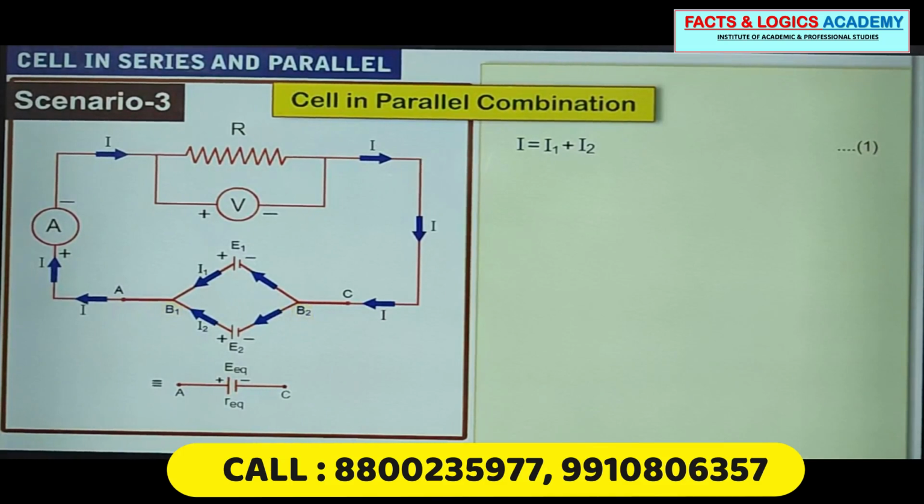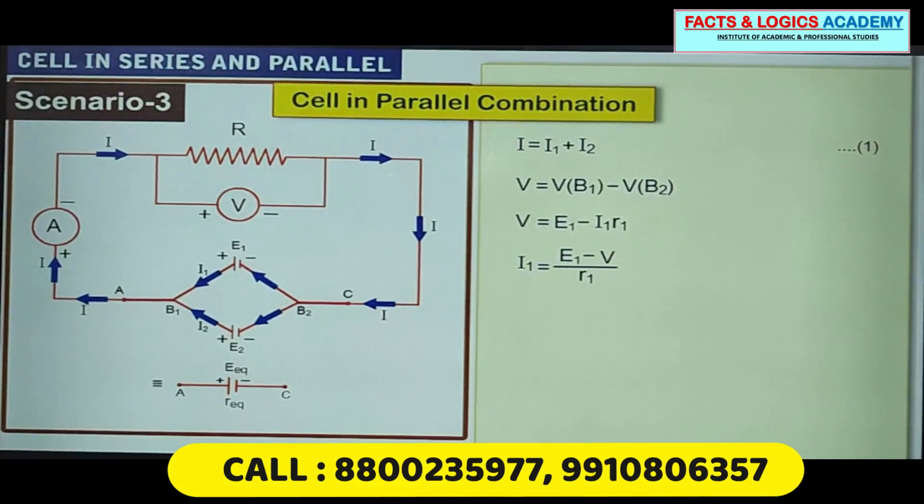The potential difference between points B1 and B2 taken across cell 1 can be written as V is equal to VB1 minus VB2. V is equal to E1 minus I1 into R1. Rearranging the terms, we can write I1 is equal to E1 minus V divided by R1. Let us label this as equation 2.